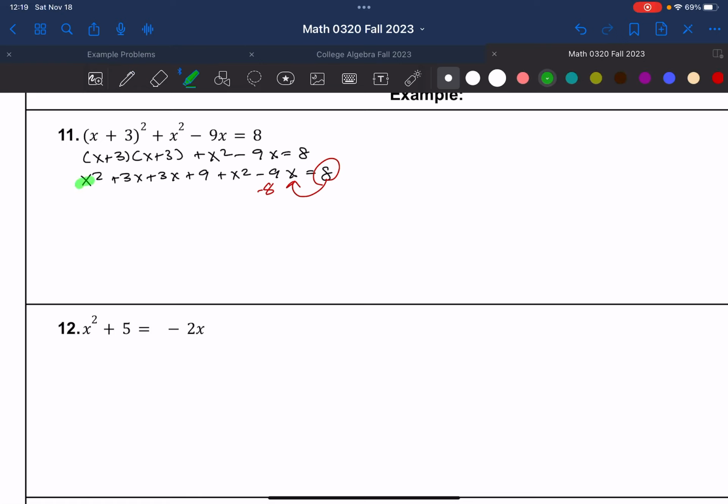So I have an x squared, a 3x, and a negative 9x, and a 9 and a negative 8. So I have 2x squared, 3x and 3x is 6x, 6 minus 9 is negative 3x, 9 minus 8 is 1.